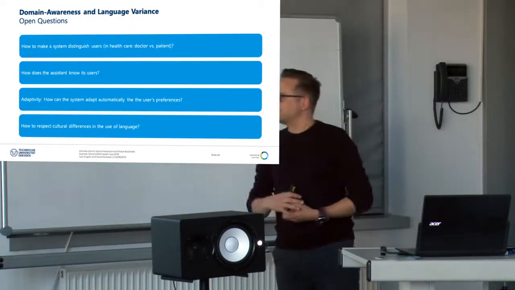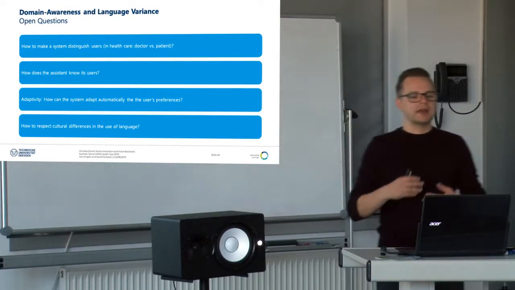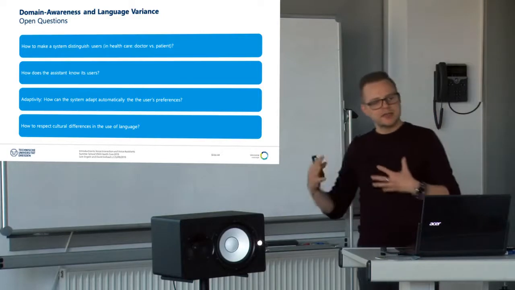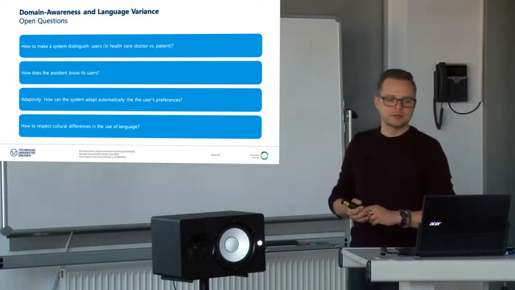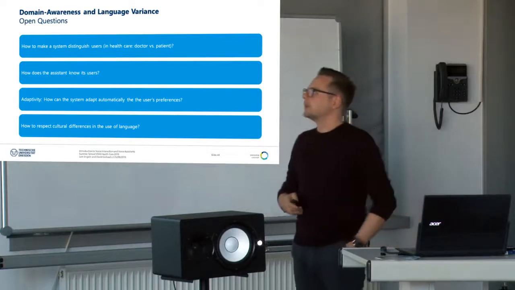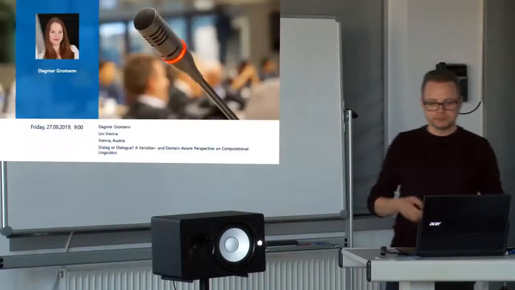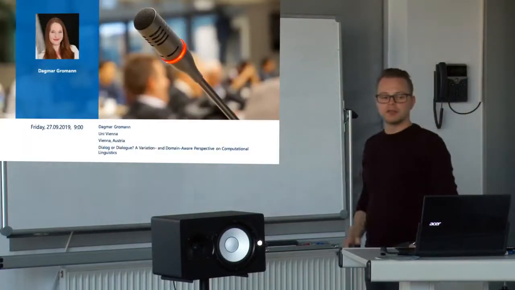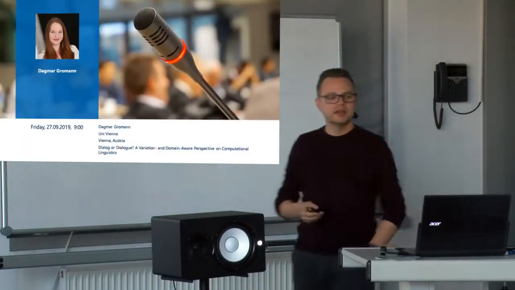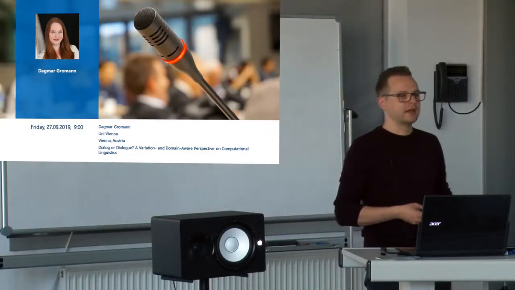Most importantly is the question of how to make a system adapt to the user's characteristics. For example, the cultural differences play an important role here to offer a kind of language variance. And we'll talk about this further on Friday morning with Dagmar Grohmann from the University of Vienna in Austria.